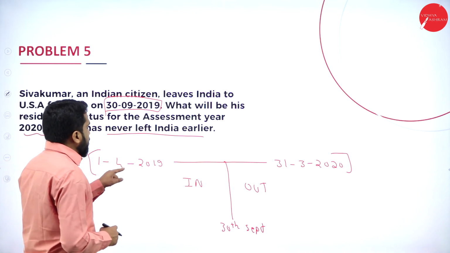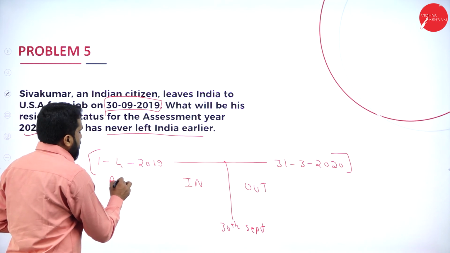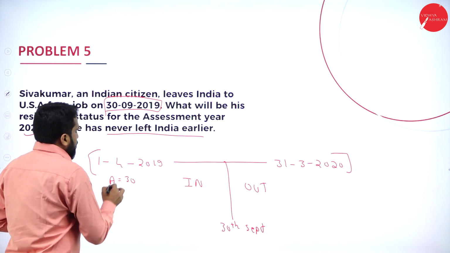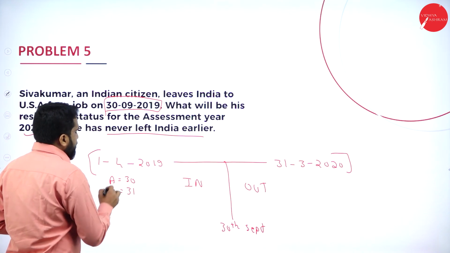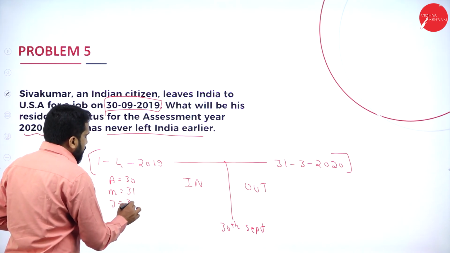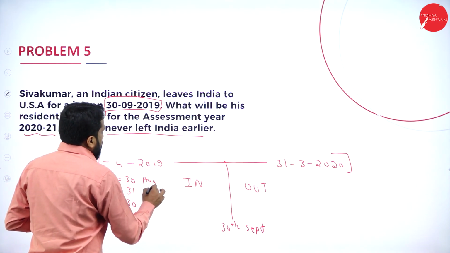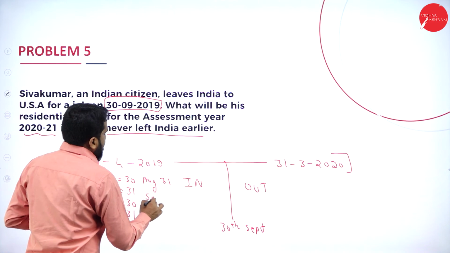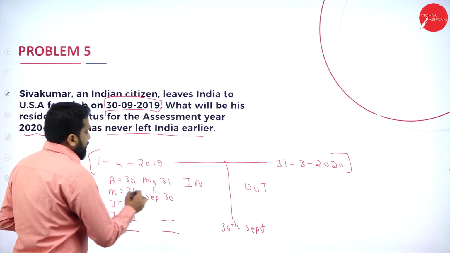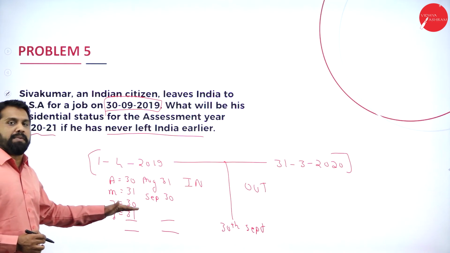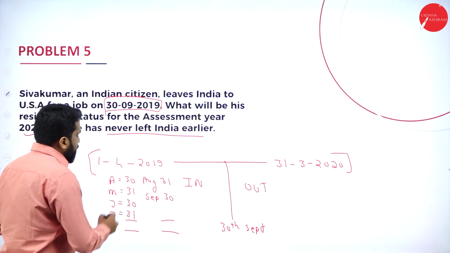In the month of April, how many days? 30. May, 31 days. June, 30. July, 31. August, 31. September, 30. So we have to count up to September 30.